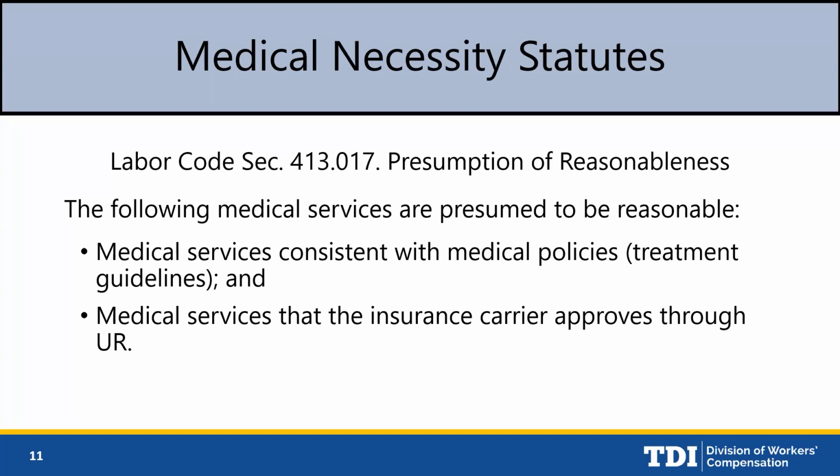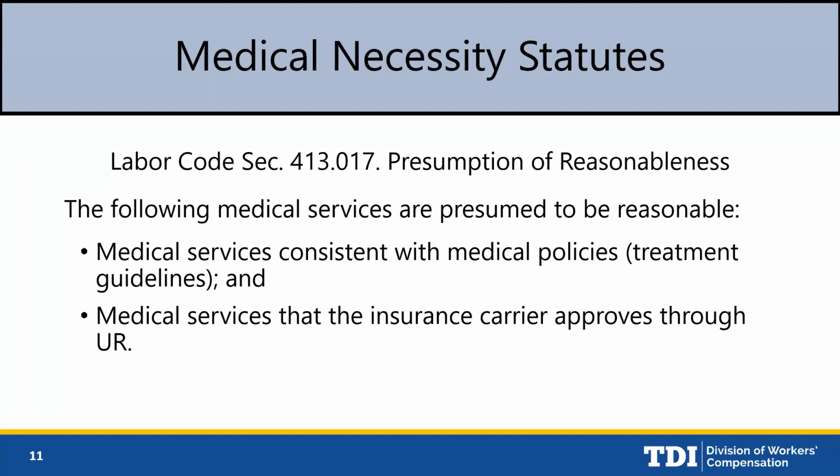So you have the presumption of reasonableness if you're following medical services consistent with medical policies. We call those treatment guidelines. There are treatment guidelines in the workers' compensation system, or medical services that the insurance carrier has approved through utilization review.